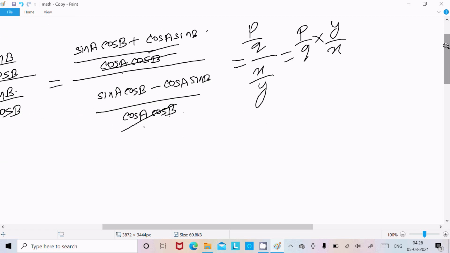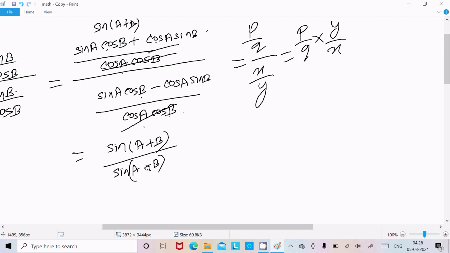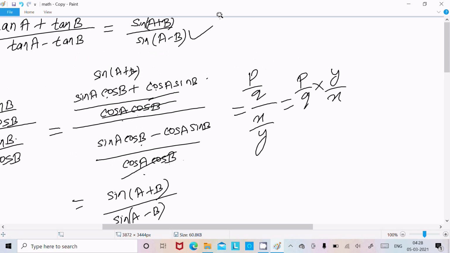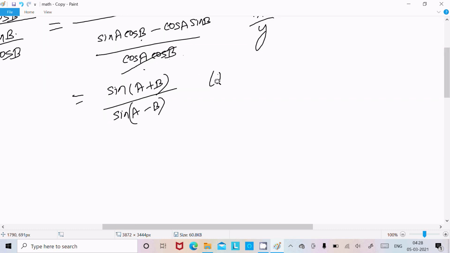Now we already know the formula: sin(A plus B) is sin A into cos B plus cos A into sin B, and sin(A minus B) is sin A into cos B minus cos A into sin B. So it's all based on the formula. So here LHS equals RHS, that is proved.